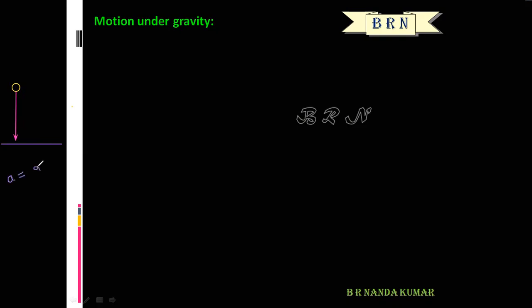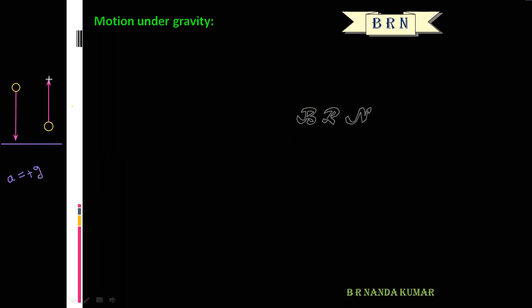body is exactly equal to plus g. So in this case, acceleration of the body is equal to acceleration due to gravity. This is the positive acceleration. Suppose a body is thrown vertically upwards under gravity. What happens? The velocity of the body gradually decreases.